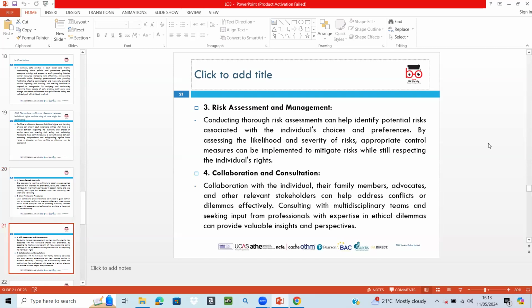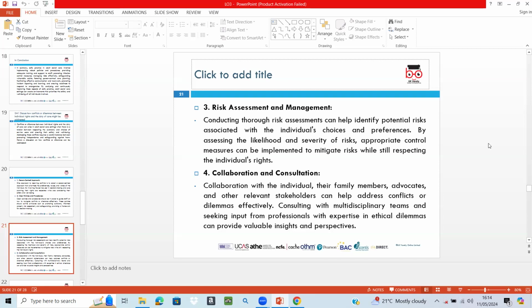Then we have risk assessment and management, and collaboration and consultation. Conducting a thorough risk assessment is crucial in identifying potential risks associated with an individual's choices while maintaining their rights and well-being.